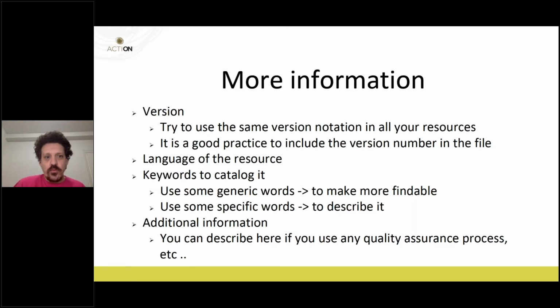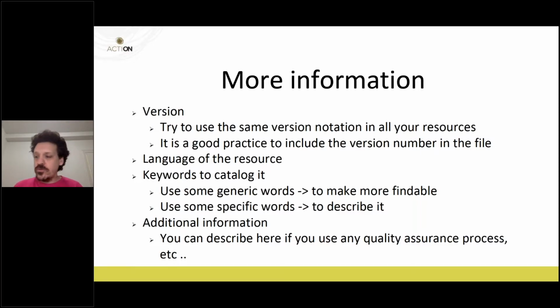For example, besides pollution, this is air quality. You can add a sensor, maybe the kind of sensor. Whatever, but more specific words, to try to describe the content of your resource. And finally, you can add additional information. This is a text field, so you can write 1, 2, 3 paragraphs, and it could be a nice place to describe, for example, if you use any quality process.